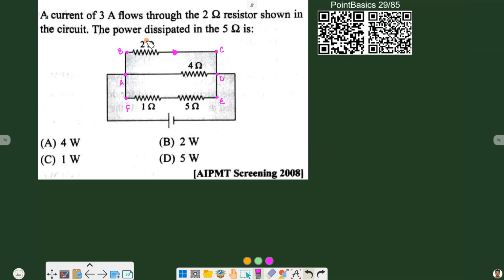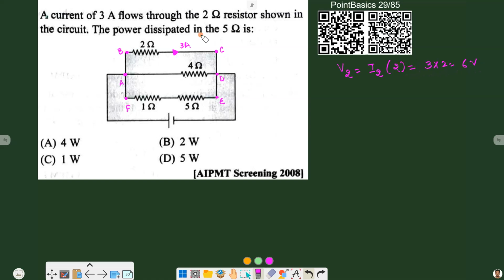Now as per the statement, through wire BC we have a current of 3 ampere flowing. Using this 3 ampere, we can find the potential drop across the 2 ohm resistance, which will be the current across the 2 ohm resistance times its value, that is 2. So 3 times 2 is 6 volts.